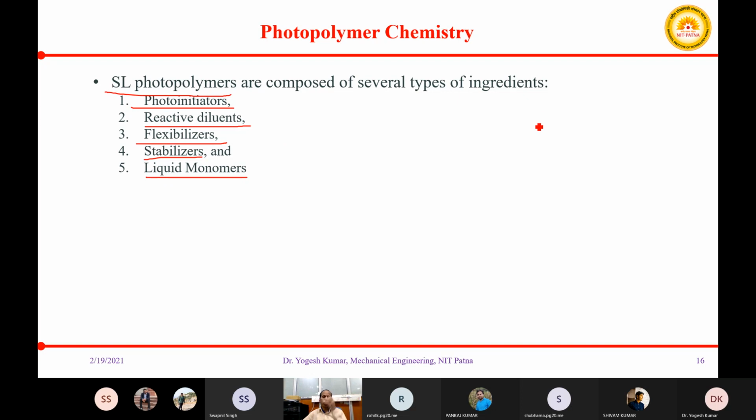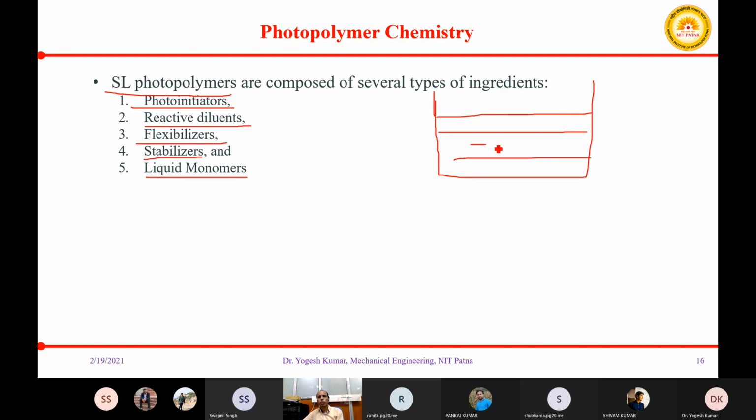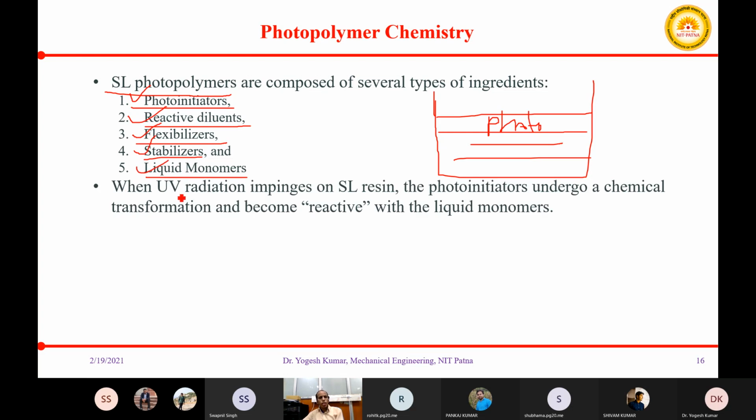In wet polymerization technology, we have a large tank of liquid in which the photopolymer is filled, and this photopolymer has these five ingredients. When ultraviolet rays impinge on your SL resin, what happens?